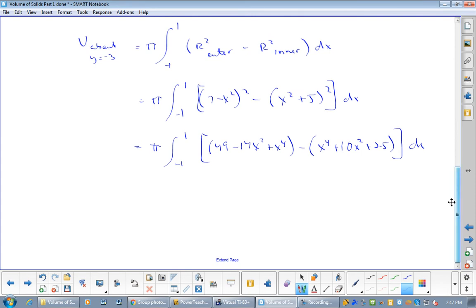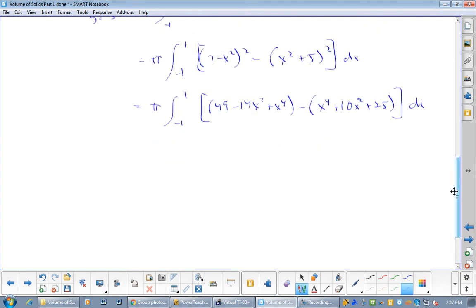So if we get that all together, from -1 to 1, that will give me 24 minus 24x squared dx. Oops, forgot my pi. Okay, equals pi.